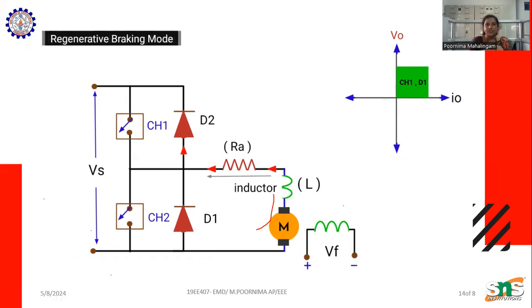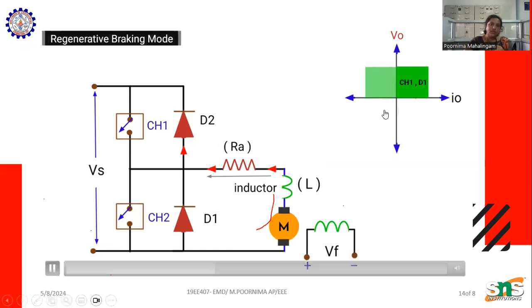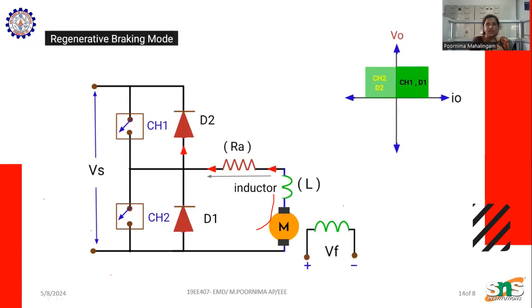So this is the regenerative braking mode, the second quadrant operation. This is the two quadrant chopper drive.